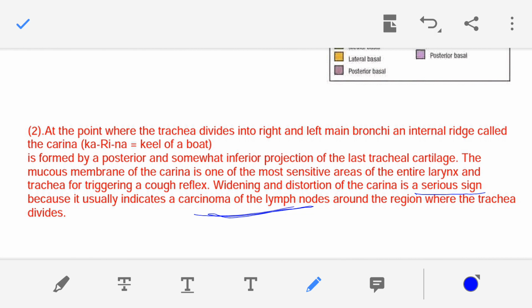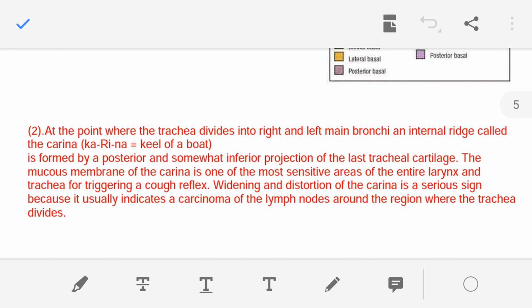This cancer is present at the region where the trachea is dividing. So this is about the carina.